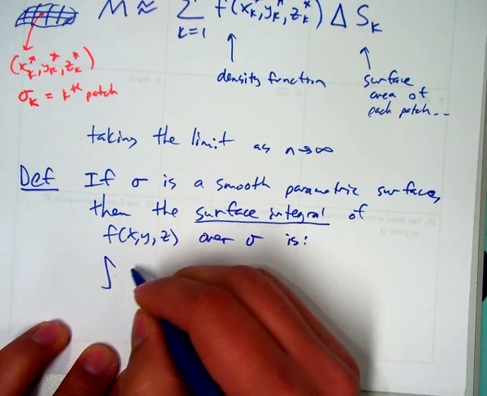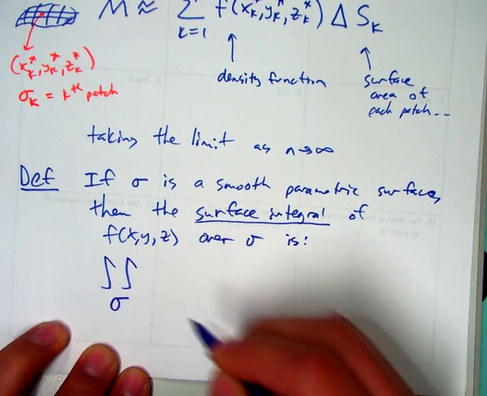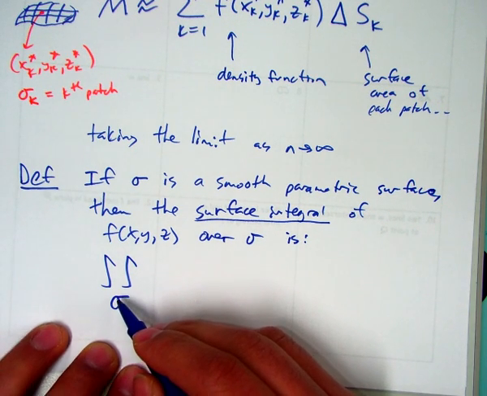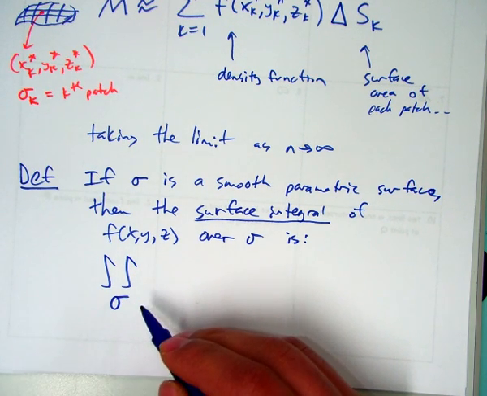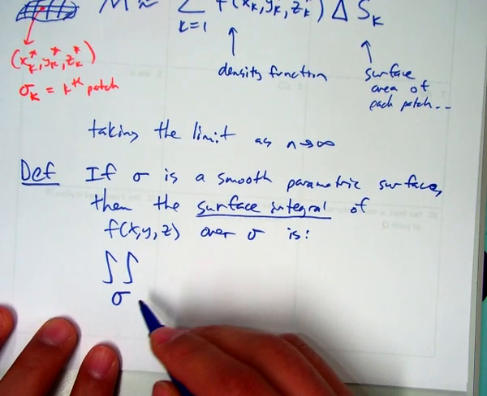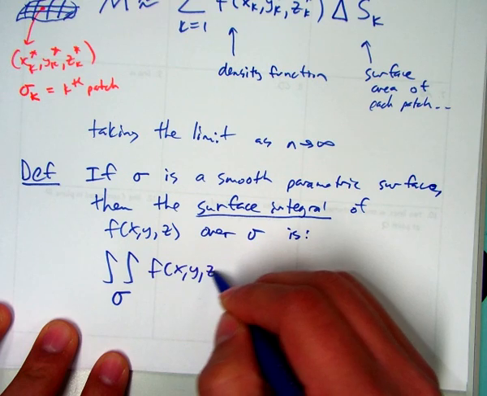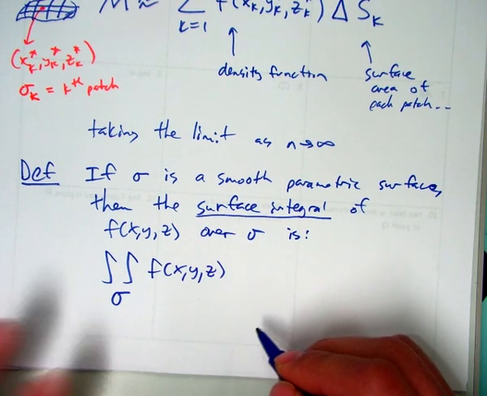It's a double integral. We have this little symbol here, which really could be any symbol. I mean, you'll know it's a surface integral depending on the context, but typically you'll see this. You have your function on the inside, f of x, y, z, which right now we're interpreting as a density function.